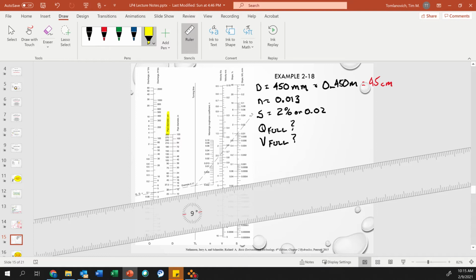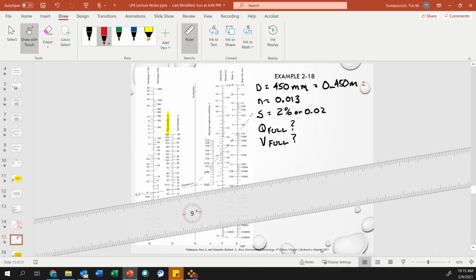There's 100 centimeters per meter. So 450 divided by 100, I'm sorry, that's 4.5. I knew I was doing something wrong there.